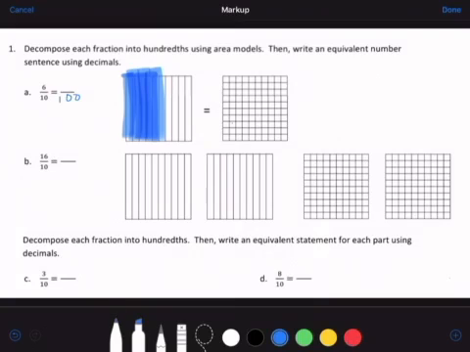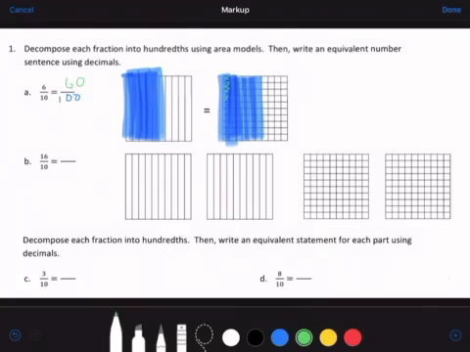Then I come back to my hundredths model and I need to color in a tenth, 2/10, 3/10, 4/10, 5/10, 6/10, but in reality I'm counting each of those little tiny boxes, which would give me 60. 60 over 100 is the same as 6/10.